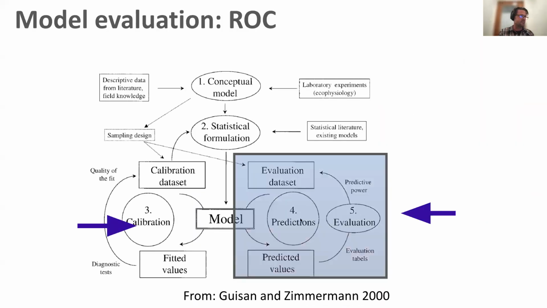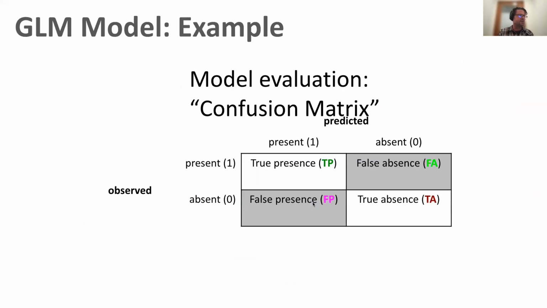So, prediction and evaluation. When we're talking about a response of a 1 or a 0, presence or absence, this is called a confusion matrix. It starts getting really confusing once I say it all out loud. But all we're doing is saying with that test data, that's our observed, that's our truth.